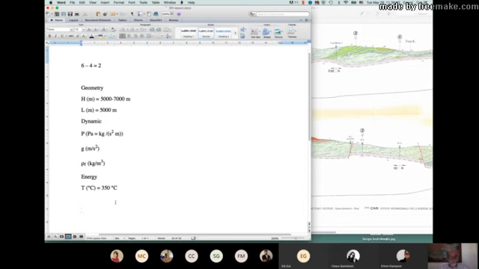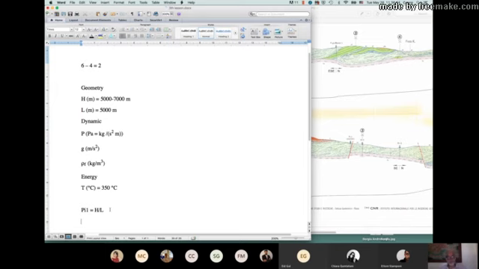Okay, very simple. First, we do a geometric parameter, a geometric ratio. So H over L, pi 1. Very easy.